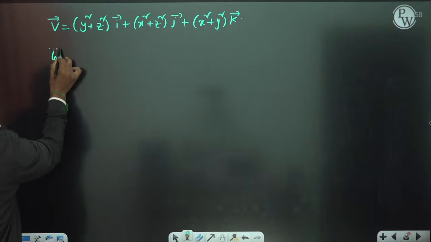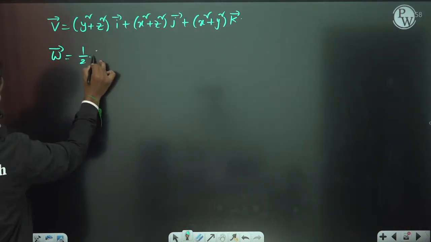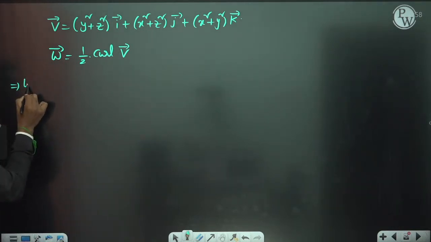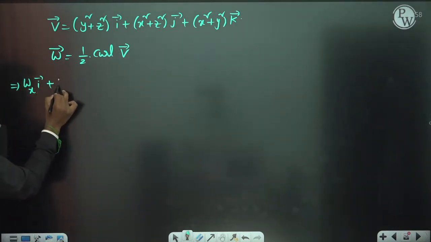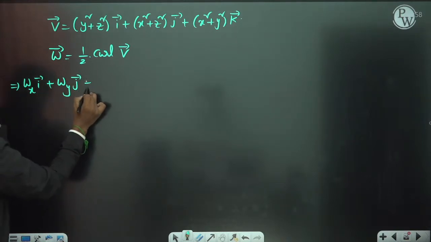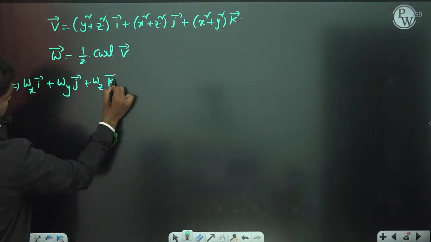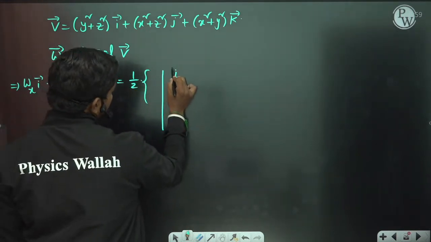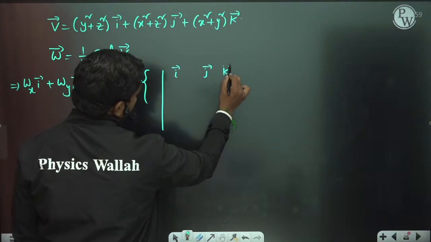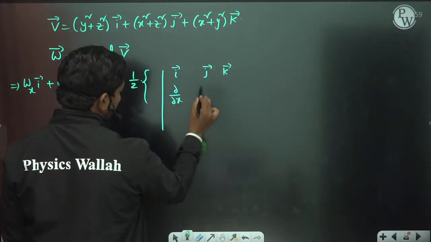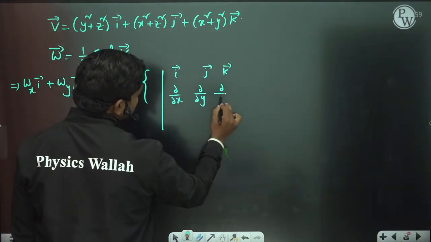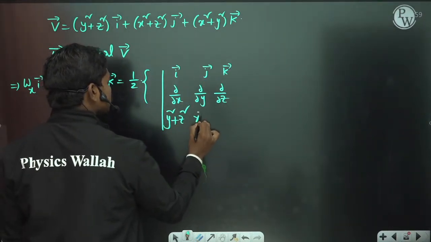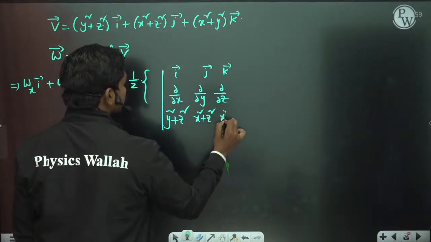If you want the angular velocity vector, it is half times curl V. So if you take omega x i plus omega y j plus omega z k, this is equal to half times curl V, which is the determinant of i j k, dou by dou x, dou by dou y, dou by dou z, and y square plus z square, x square plus z square, x square plus y square.